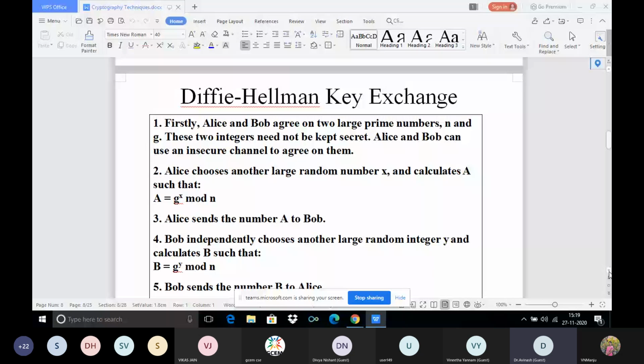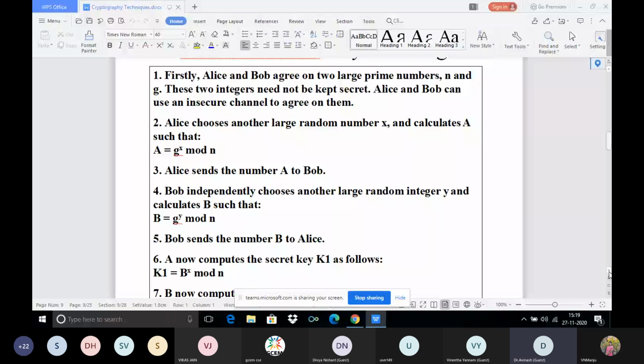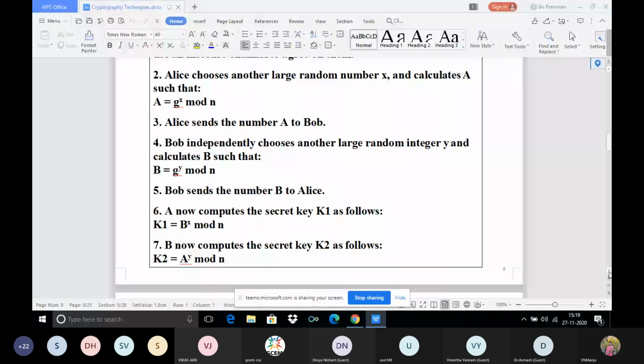Bob independently chooses another large number, a random integer y, and calculates B such that B is g to the power y mod n. So Bob sends the number B to Alice. In this case, we can say that two secret keys are generated. The first secret key generated is K1, and K1 is equal to B to the power x mod n.